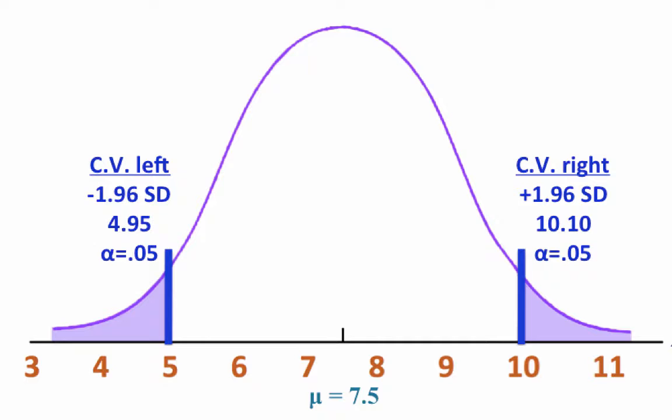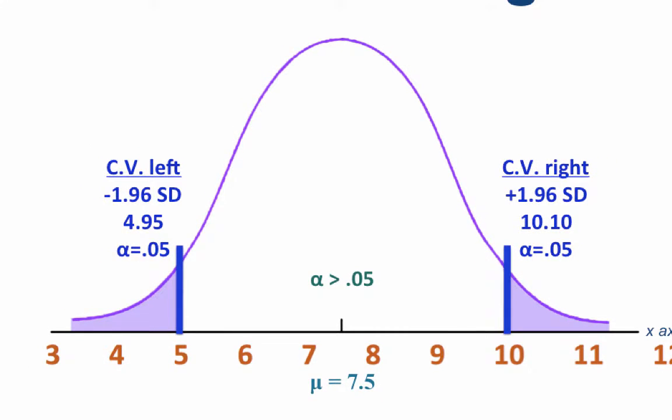So the probability of finding a score closer to the mean inside of the fence is greater than the cutoff of 0.05. Alpha is greater than 0.05. The probability of finding a score far from the mean outside of the right fence is less than the cutoff of 0.05. Alpha is less than 0.05.